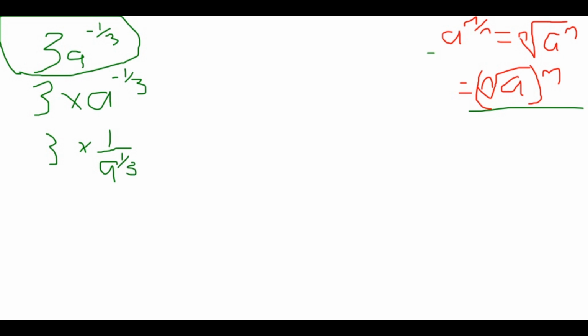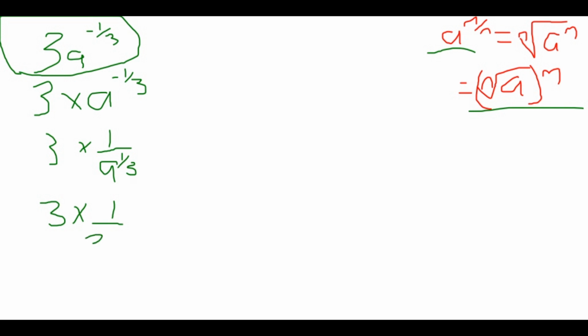Now we will apply this law right here. So this will be 3 times 1 over the third root of a, since the denominator of the power fraction is 3.